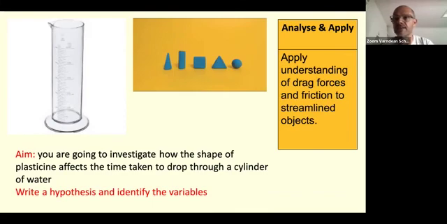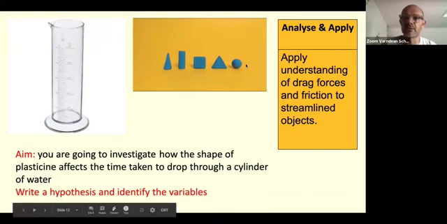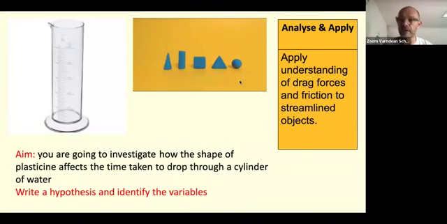The reason for this is, I think that the shape that will fall the fastest is a sphere. You've got to give an explanation. You've got to say what you think is going to happen and why. It might be that simple. Those of you who know who you are, who are working at a very high level, your hypothesis might have multiple strands to it. You might be able to rank order these objects and explain why they are in that rank order.